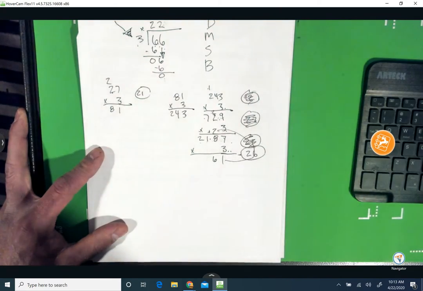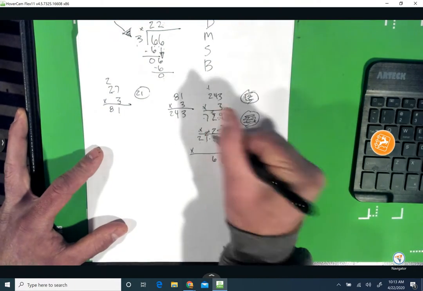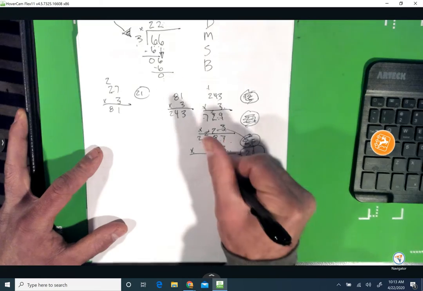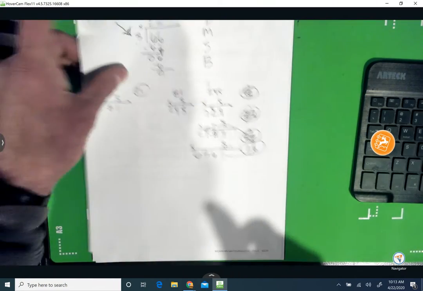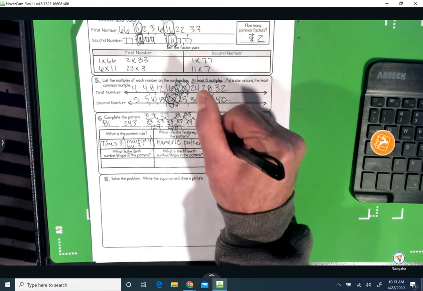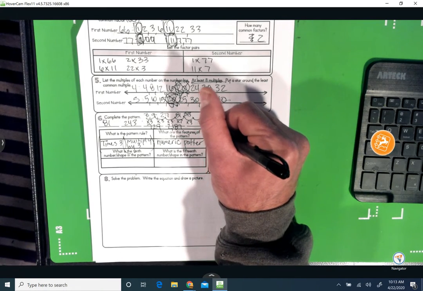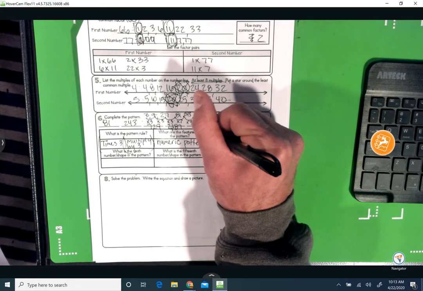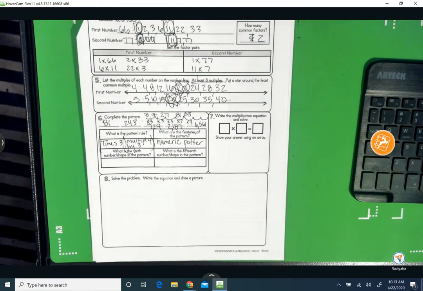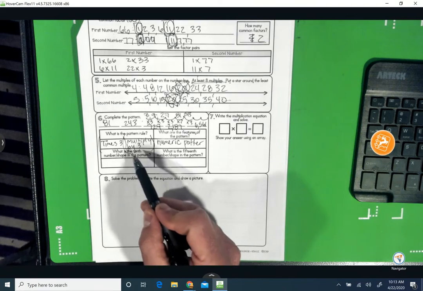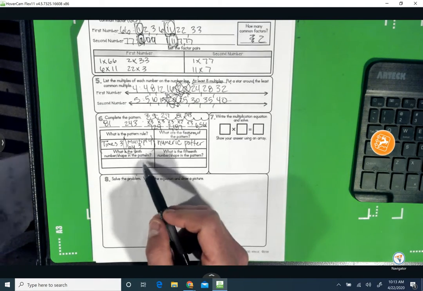So now I'm going to put my 6 down, carry my 2. 1 times 3 is 3, plus 2 is 5, and 2 times 3 is 6. The fifth number in my pattern is 6,561.